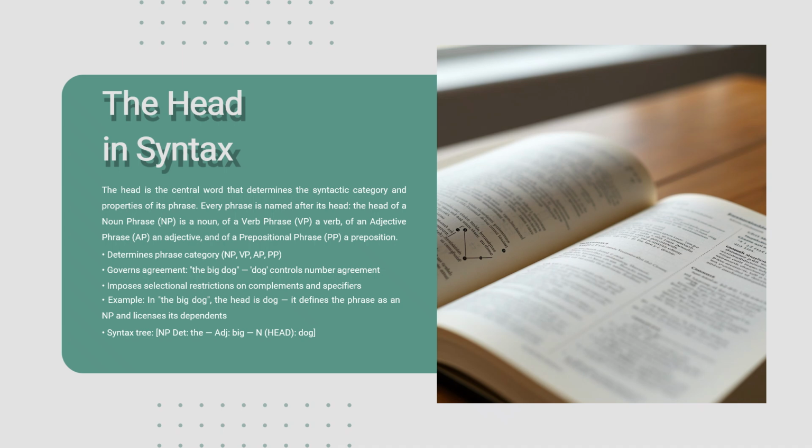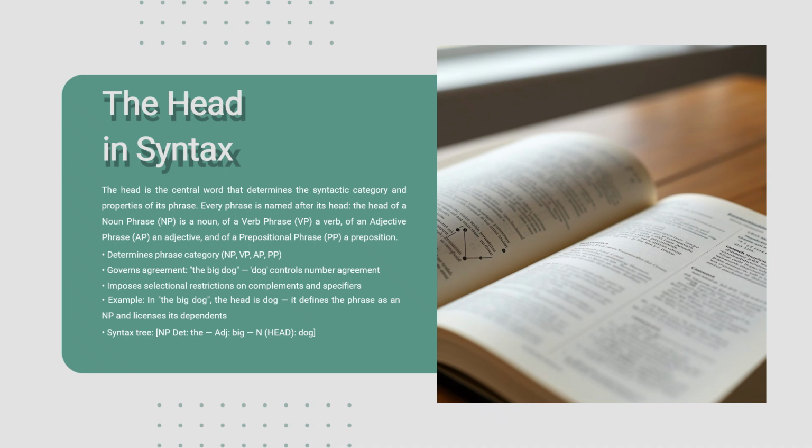Furthermore, let me discuss the head. The head is the central word of a phrase. It determines the syntactic category and grammatical properties of the phrase. Every phrase gets its name from its head. For example, a noun phrase has a noun as its head, a verb phrase has a verb as its head, an adjective phrase has an adjective, and prepositional phrases have a preposition as their head.